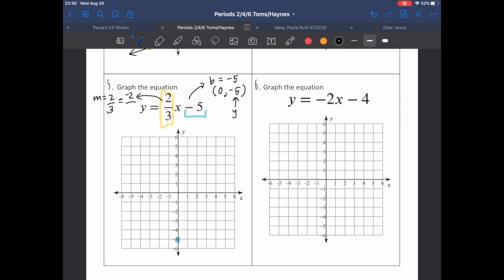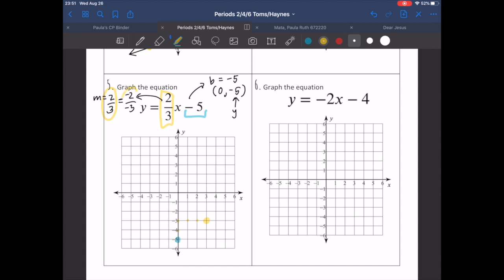Opposite of +3? -3. Same exact thing. So let's go ahead and do that with the yellow. Let's look at this slope first. 2 over 3. So this is telling me rise over run. Rise, 1, 2, and to the right, 3. Run, 3 to the right. 1, 2, and 3. Big point right there.